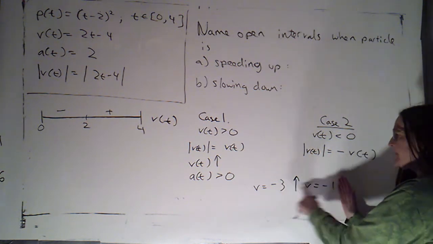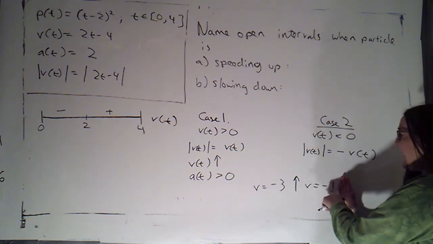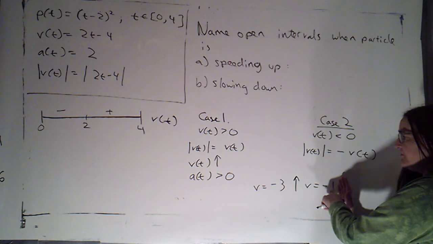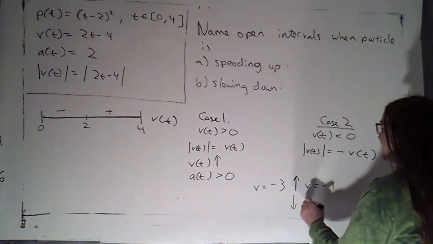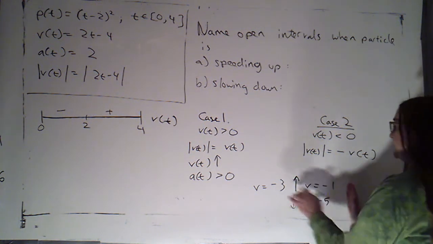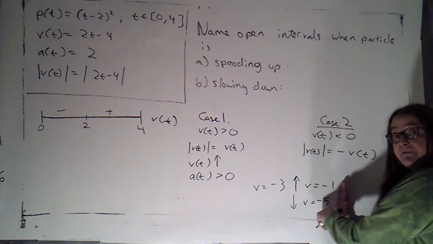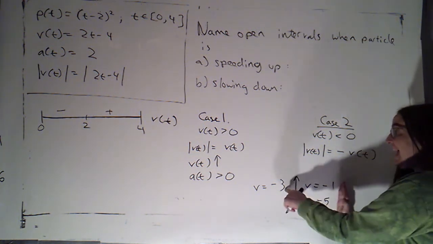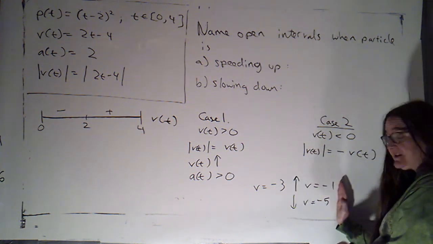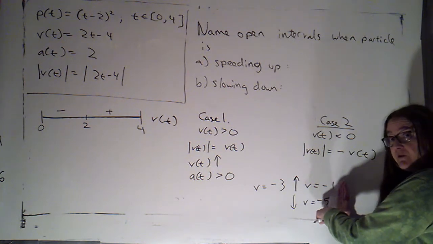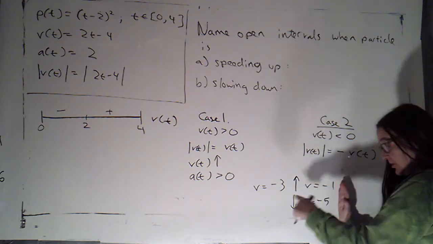But when I take the absolute value, which would give me the speed, this has a smaller absolute value. If I decrease the velocity and were to go to something like velocity equals -5, -5 is less than -3. The velocity would have decreased, but the absolute value, the speed, is bigger.